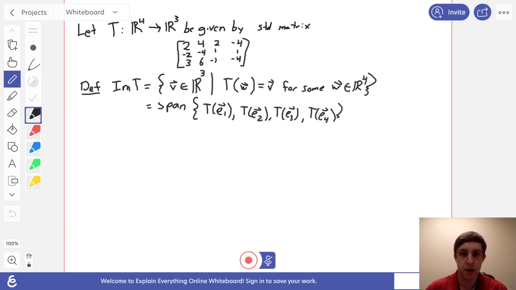And the good news is, because we are handed the standard matrix of our map T, we know exactly what those vectors T of E1, T of E2, T of E3, and T of E4 are. Those are the columns of our standard matrix. So we simply need to find a basis of the subspace spanned by these four vectors.